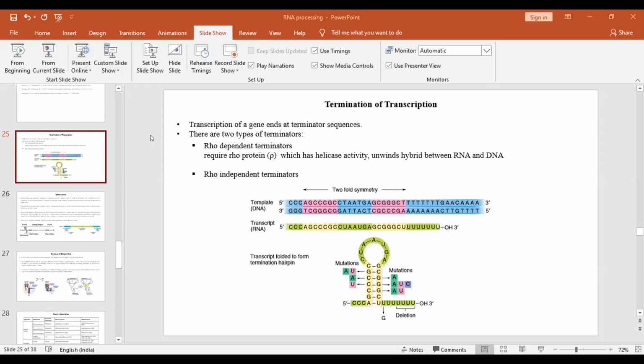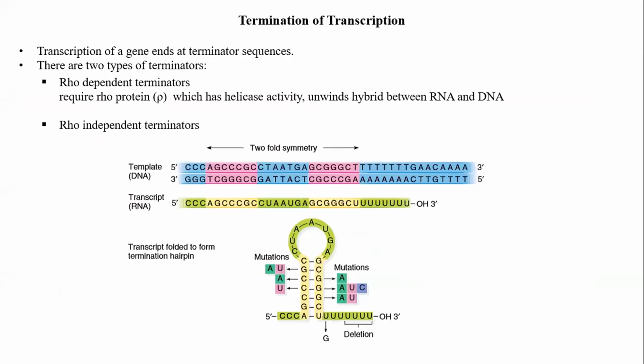At the end of that lecture, we stopped at this particular slide, which is of termination of transcription. And I told you that you have to focus on this secondary structure of RNA. This particular secondary structure is performing a function of termination in this diagram. That means this is a hairpin structure, and this hairpin is made up of stem and loop.